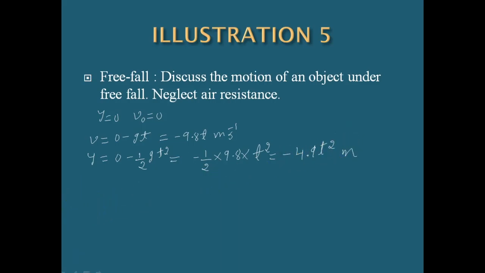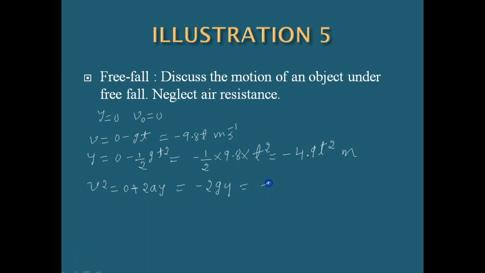meter. And one more equation, v square is equal to v naught square, that is 0, minus 2a, that is plus 2ay. So here we'll represent this a with minus g. So it is minus 2gy. Okay.